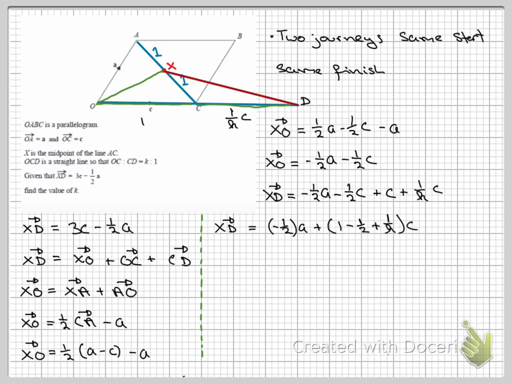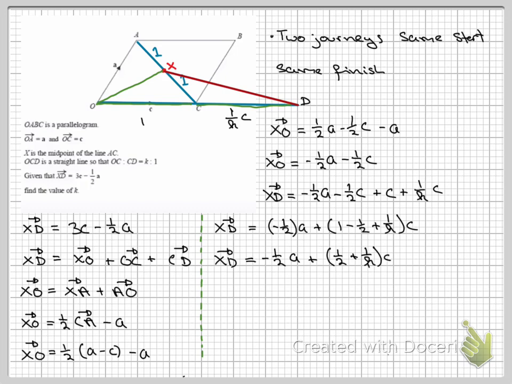And that's my C component. Tidying that up, X to D will equal minus 1/2 A, plus then I've got 1/2 plus 1/K C. And now we can compare these.